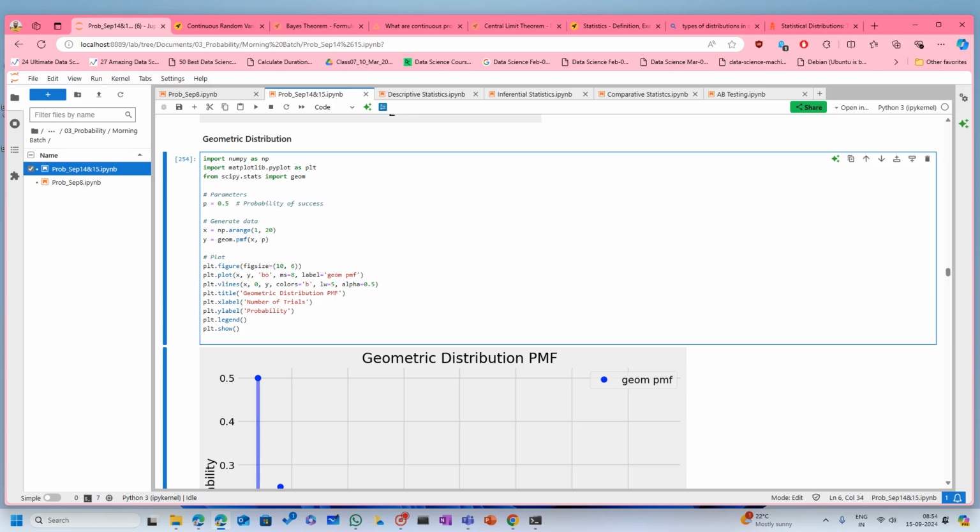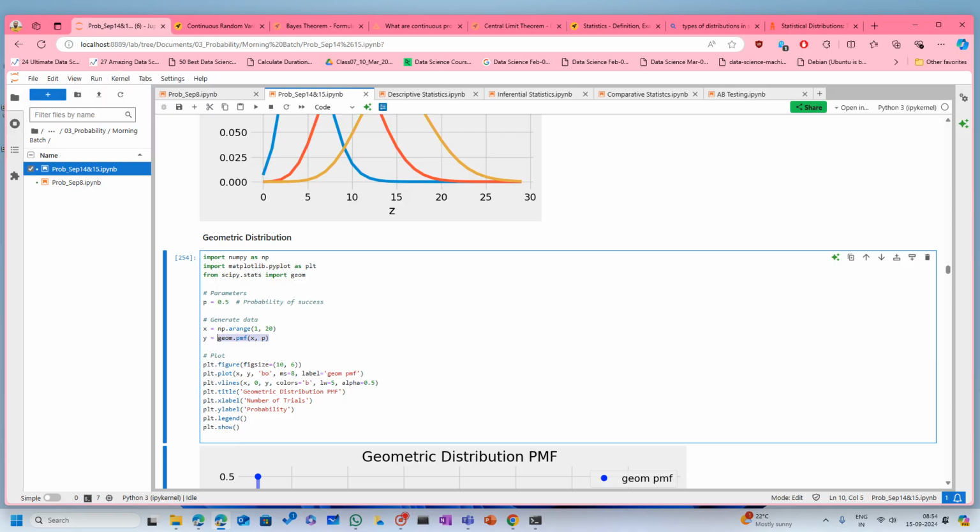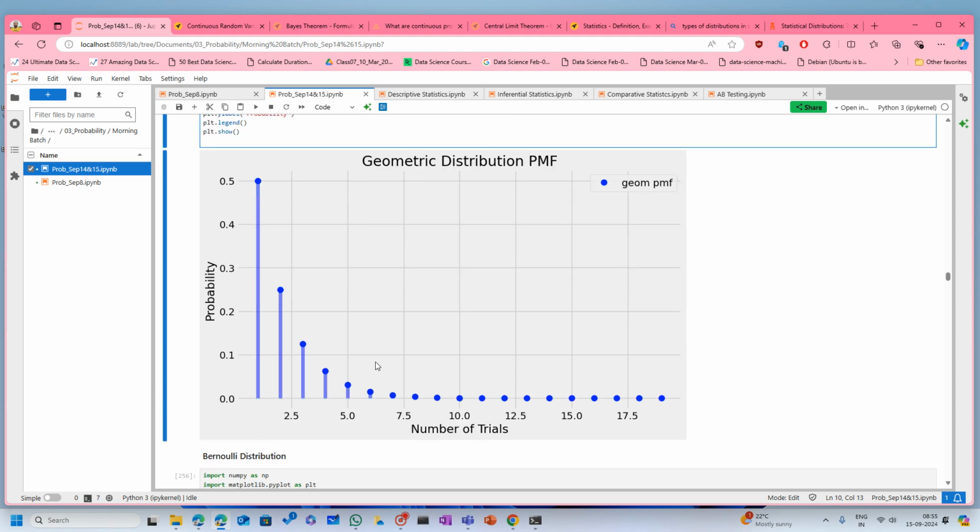If you want to calculate when we would get the head, you can provide the probability for each toss of the coin, and 20 times we have repeated that experiment. From statistics you can import the geometric distribution, calculate the probability mass function, and the geometric distribution looks like this.